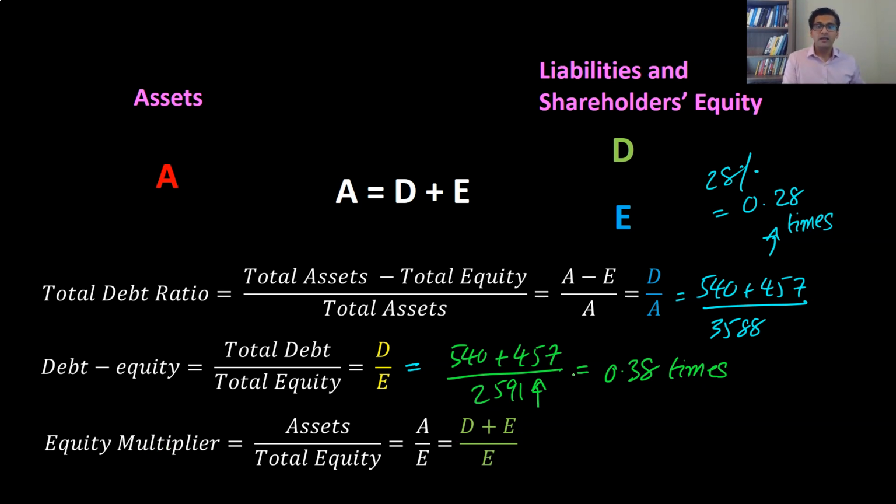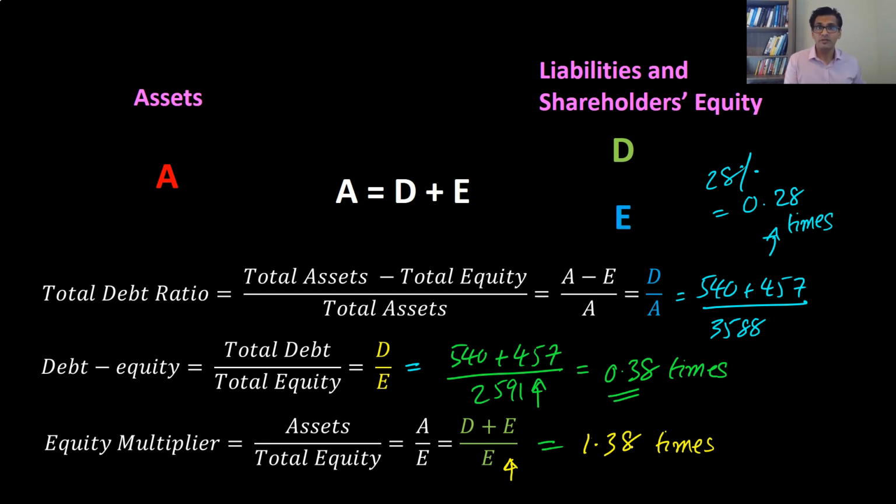Equity multiplier, well, we just showed that it is 1 plus the debt to equity ratio. So really, just by looking at this number, you can say that it's 1.38 times. Again, times, meaning that for every $1 that is going in the form of equity, there's 1.38 times that in assets.